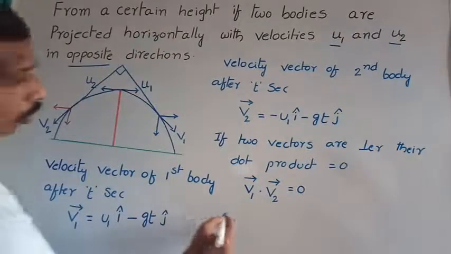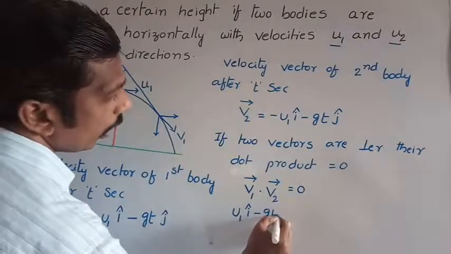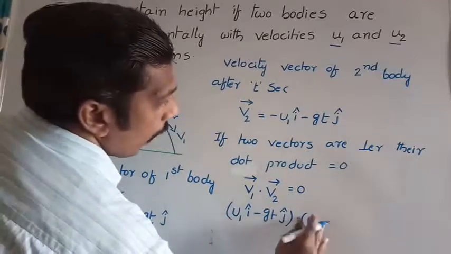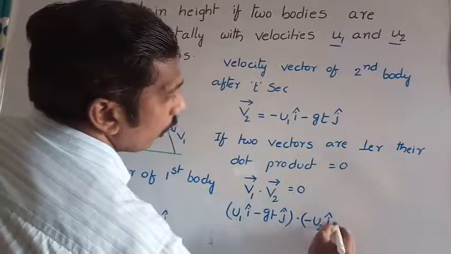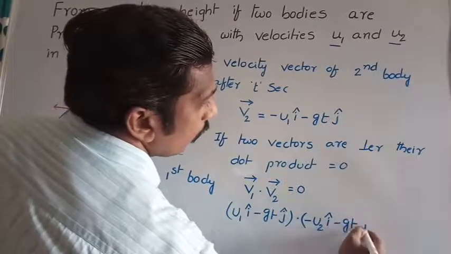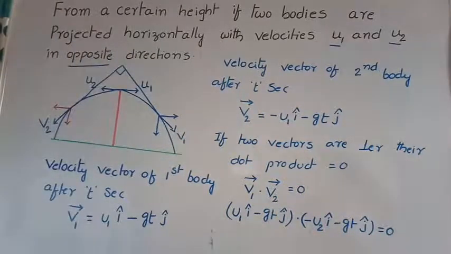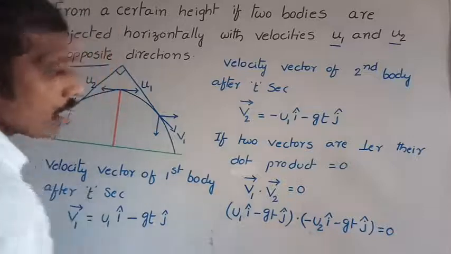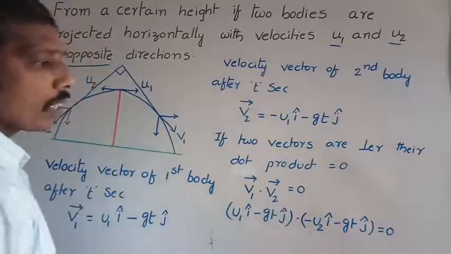V1 bar is u1 i cap minus gt j cap, dot minus u2 i cap minus gt j cap, is equal to 0. In a dot product, we multiply the i components and the j components. Multiplying the i components, we get minus u1 u2. For the j components, minus into minus gives plus g square t square.